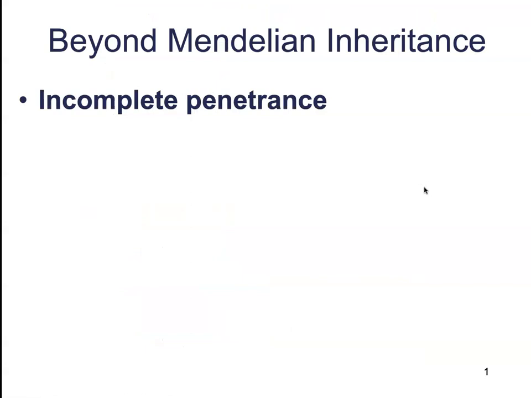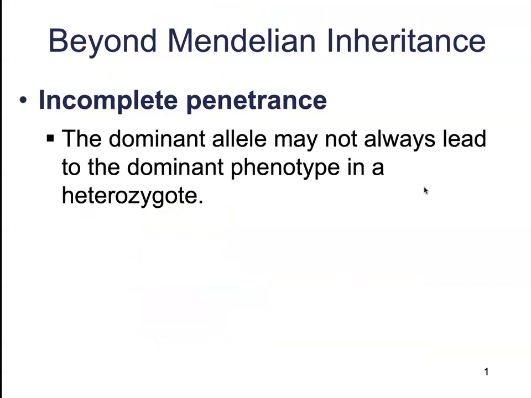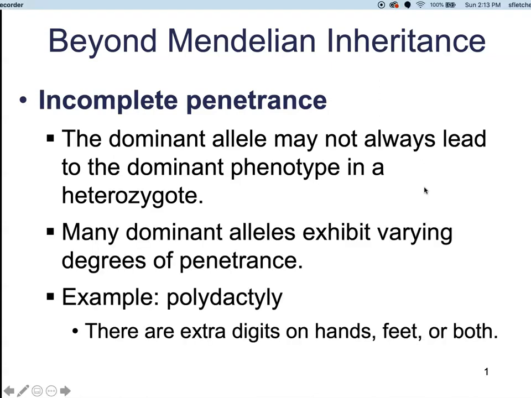There's also incomplete penetrance. Incomplete penetrance means that the dominant allele is there, but it may not necessarily lead to the dominant phenotype. There are a couple of examples of this. Polydactyly is a great example. Polydactyly is when you have extra digits on your hands or your feet or both.